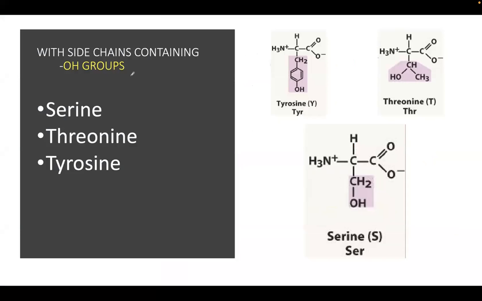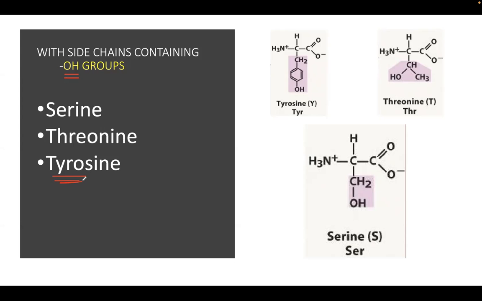Now, what about the amino acids with a hydroxyl group? OH means hydroxyl. So we have tyrosine, threonine, and serine. Now tip: tyrosine is not tryptophan.